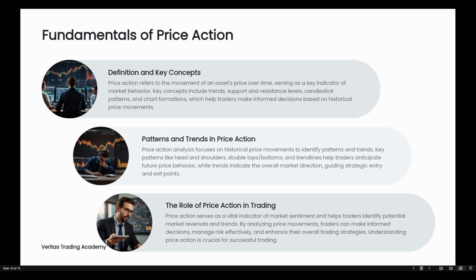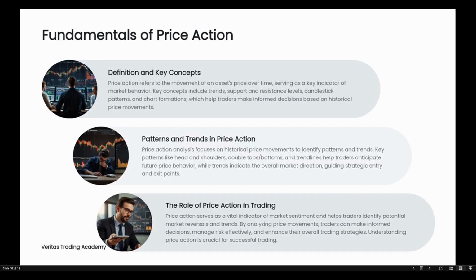Those are often used for entries. And the last thing is chart formations. Those are your flags, your triangles, your head and shoulders.